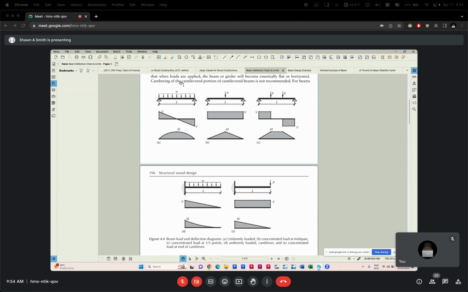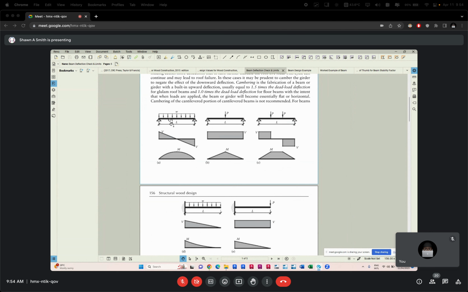All right. Here we have a few of them. The first one is a simply supported beam with uniform distributed load, the case that we are more familiar with, and below it are the shapes of the shear force diagram and the moment diagram.